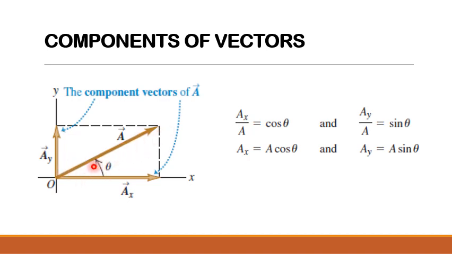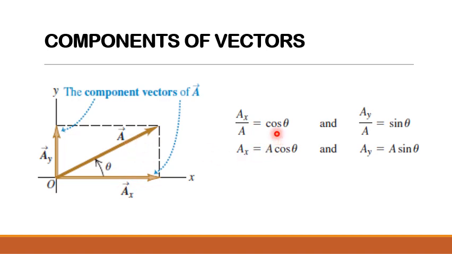To get the x component, you have to use the SOHCAHTOA definition of an angle. Take note, cosine theta is equal to the adjacent over the hypotenuse, the adjacent leg over the hypotenuse.